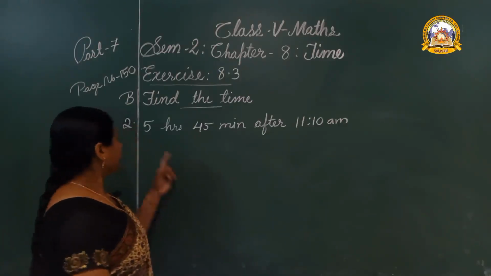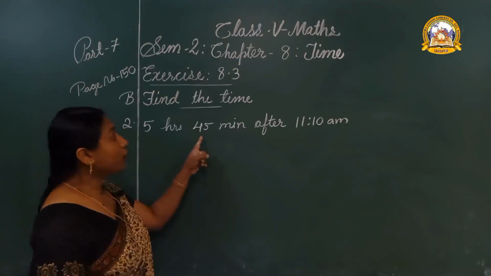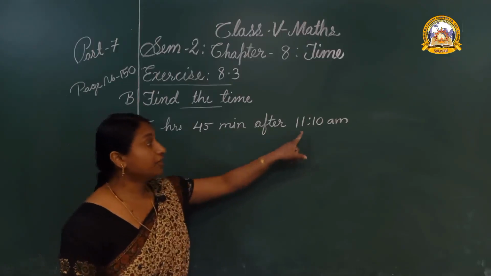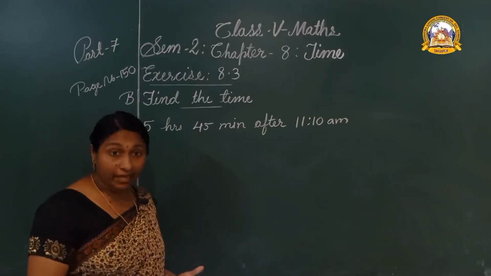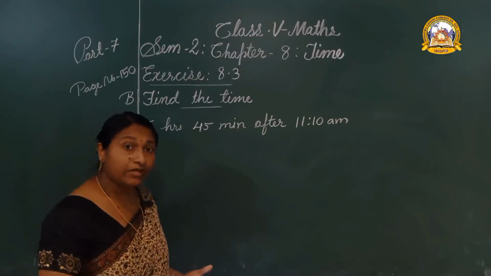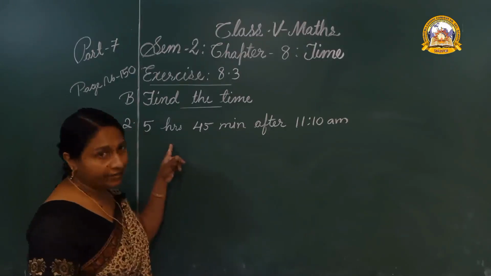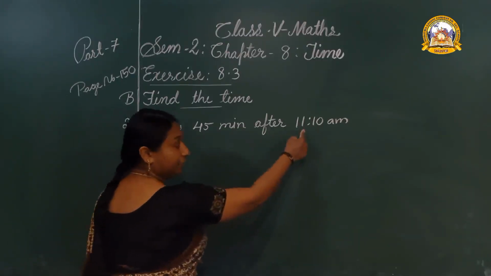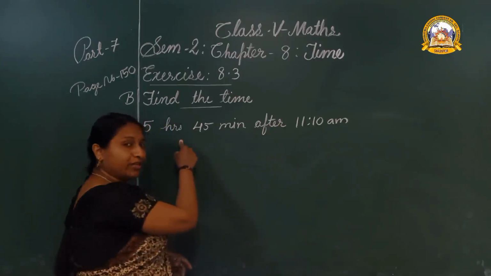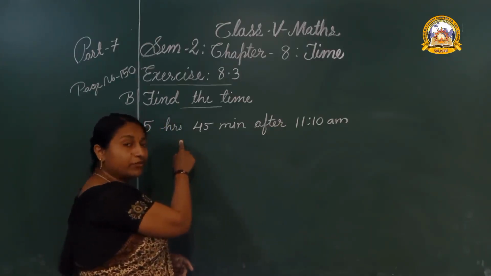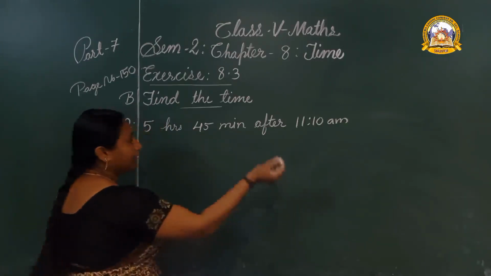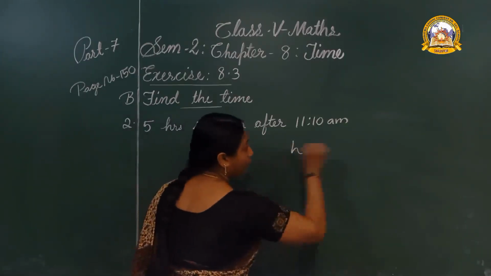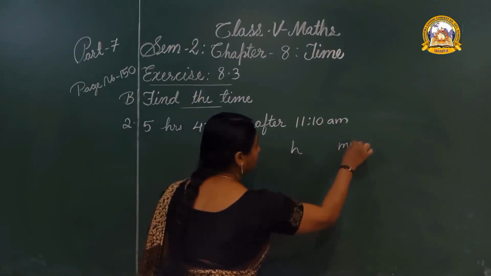Okay children, the second one, 2 hours 45 minutes after 11:10 a.m. After 11:10 a.m., what should we do? Yes, we have to add. Okay, it is the starting time and it is the duration. To get finishing time, what should we do? Starting time plus duration. Okay, let us do hours column and minutes column.